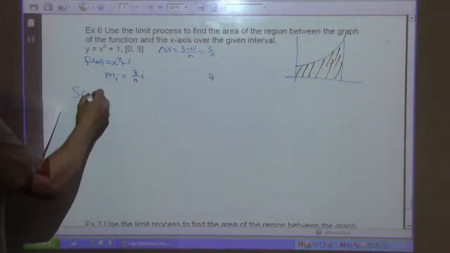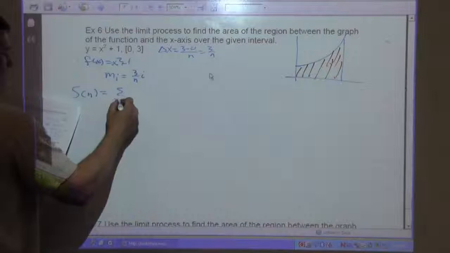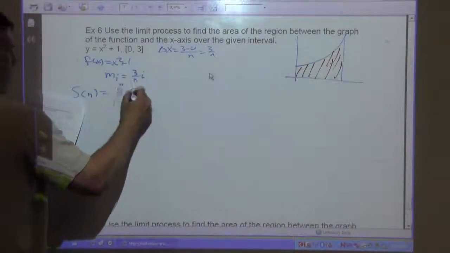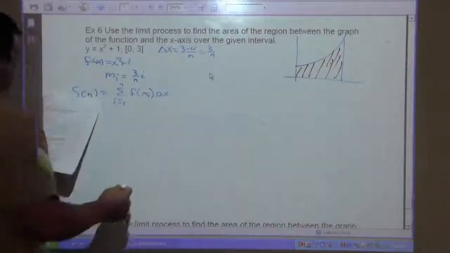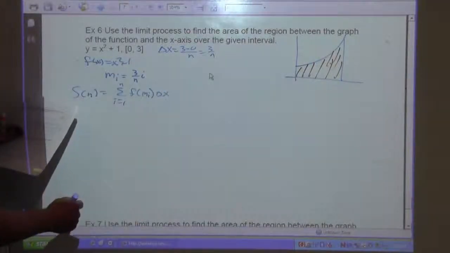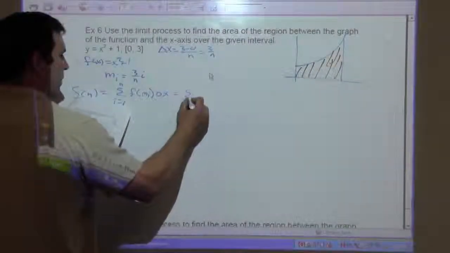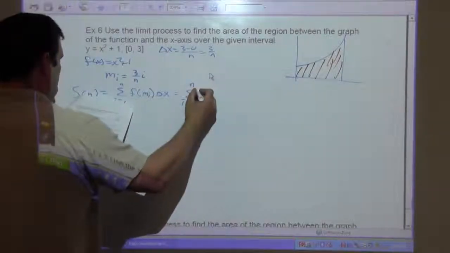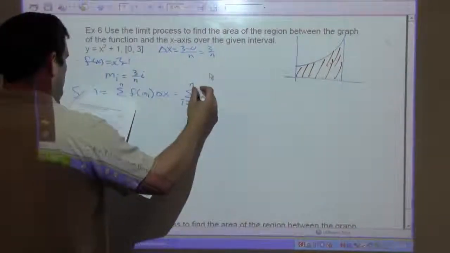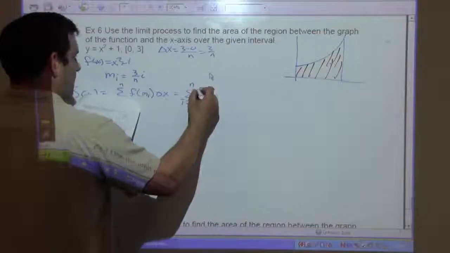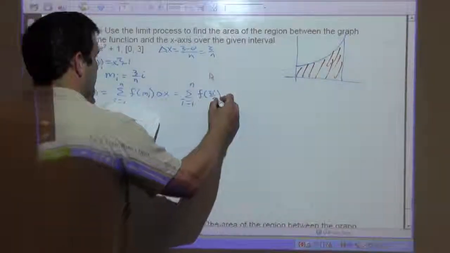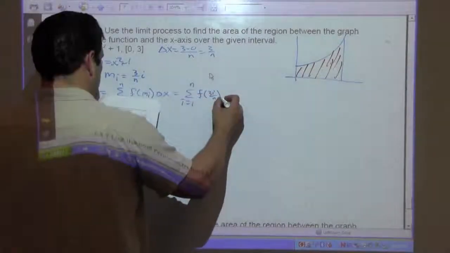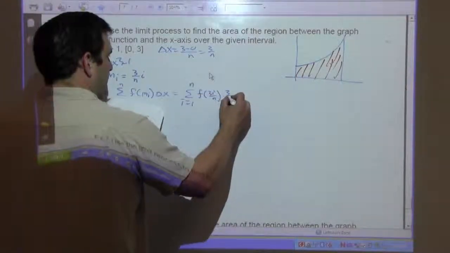So our sum S of n is going to be the sum i goes from 1 to n of f of m i delta x. That's going to be the sum as i goes from 1 to n of f of 3i over n times 3 over n.